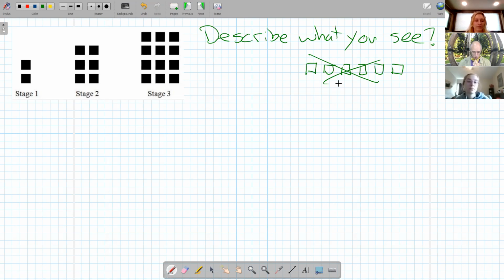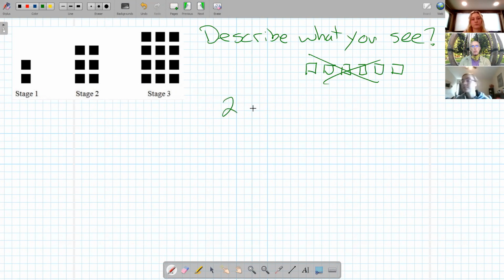So my mom could draw what I see without having seen it herself. What would I tell her? 2 rows of vertical lines that include 3 squares. Yeah, good. I'm going to call them columns because they're vertical, but vertical rows works too.